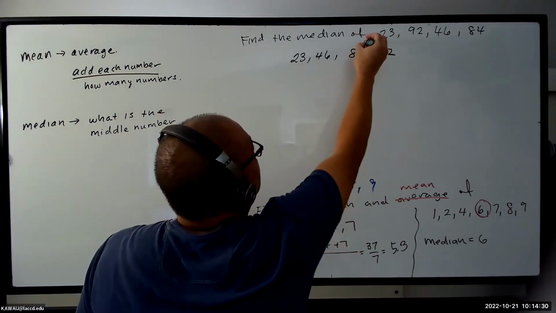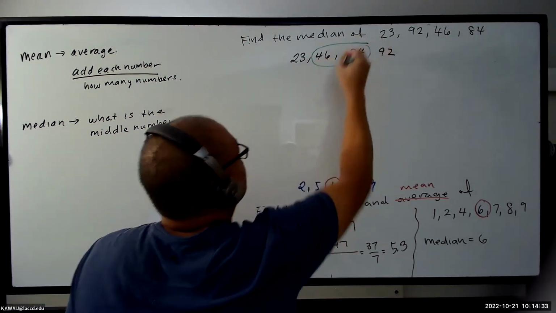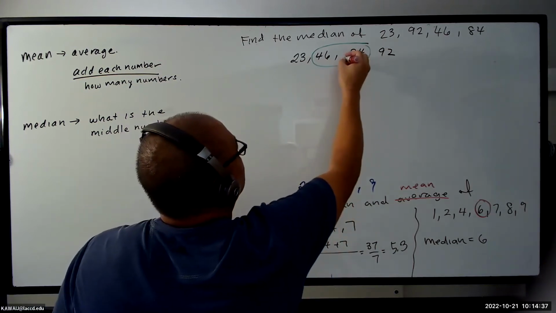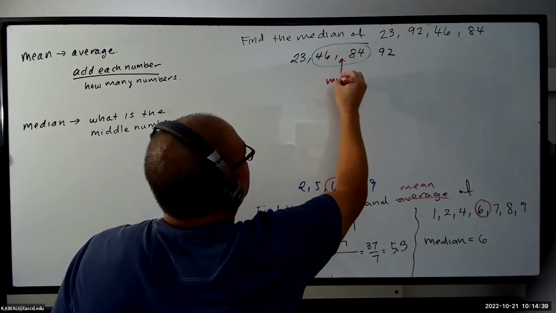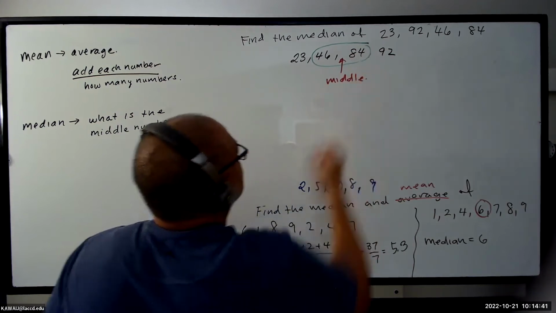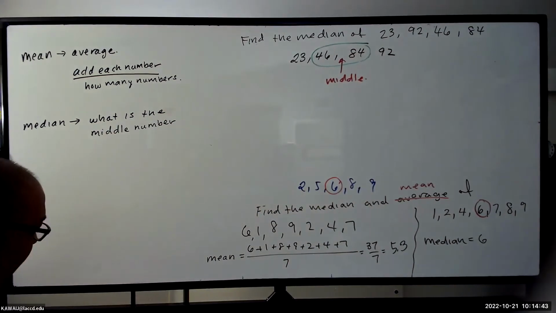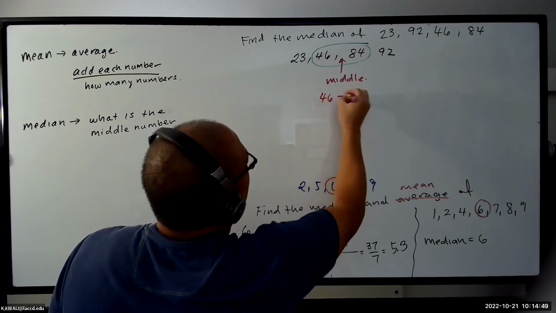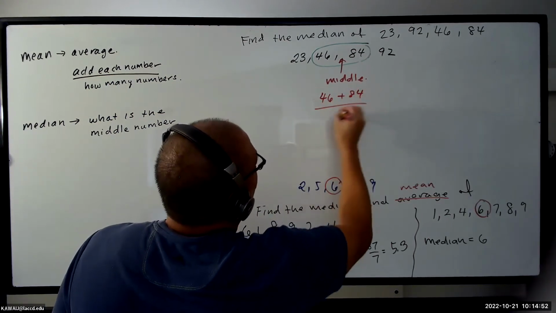So let's look at this, right? The middle is going to be in between these two numbers. That's where the middle is. Okay. So the way we find the middle in between those two numbers is we add the two numbers and then we divide by 2.